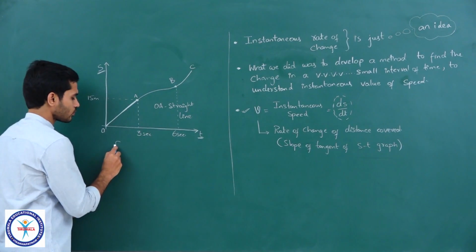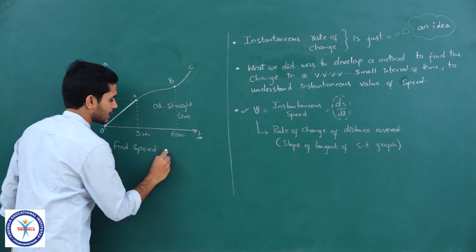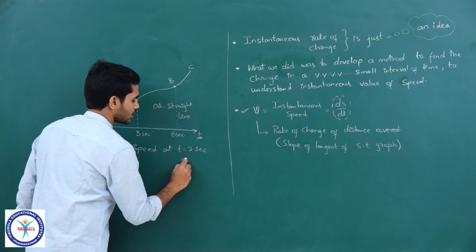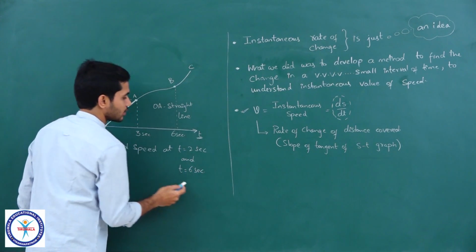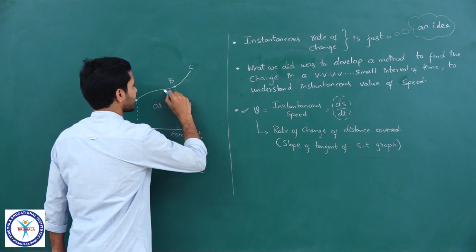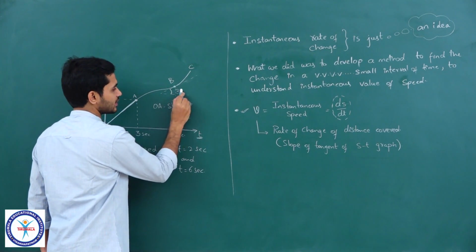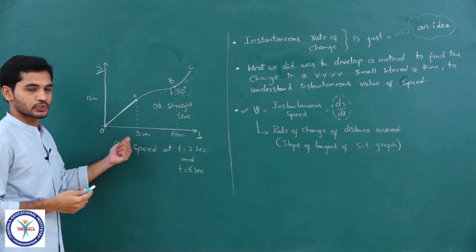So here we need to find speed at t is equal to 2 seconds and t is equal to 6 seconds. So let us say at 6 seconds if I draw a tangent, the tangent is making an angle of, let us say, some 30 degrees, clear. Okay. So we need to find out the speed at these two instants.